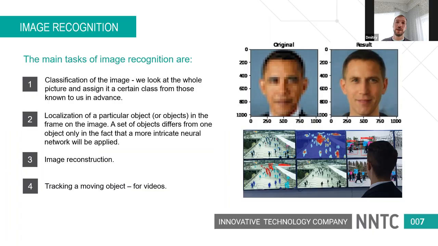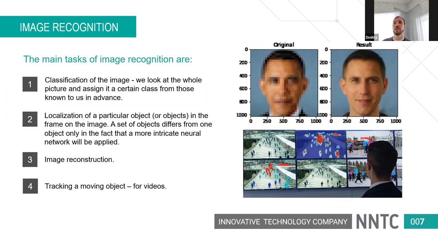Then it is applied for image reconstruction. A much worse image can be enhanced using computer vision, and a lot of that is happening in our phones every time we click a picture, because a lot of processing and post-processing is happening in the background before the phone shows us the picture. It's doing part of the image reconstruction as well.